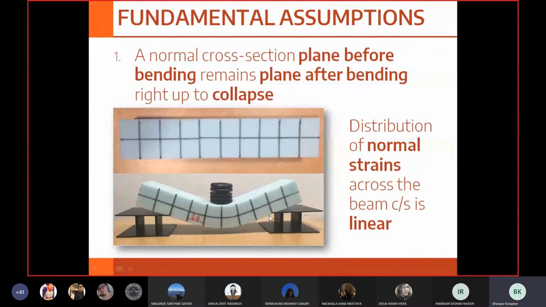Okay, so if I take this homogeneous material and if I just draw a grid here, and if I place it on simple supports, and if I load it, now I see that the member has undergone bending or flexure.